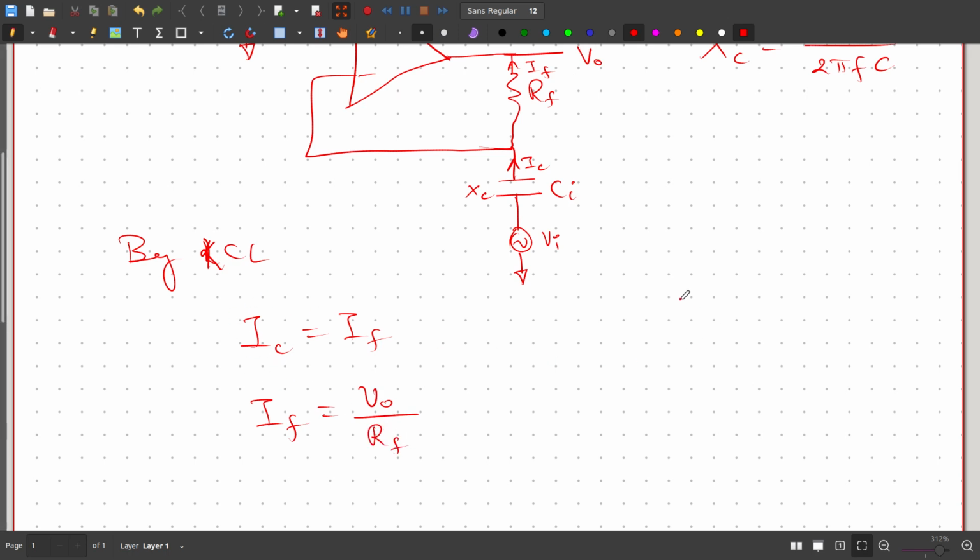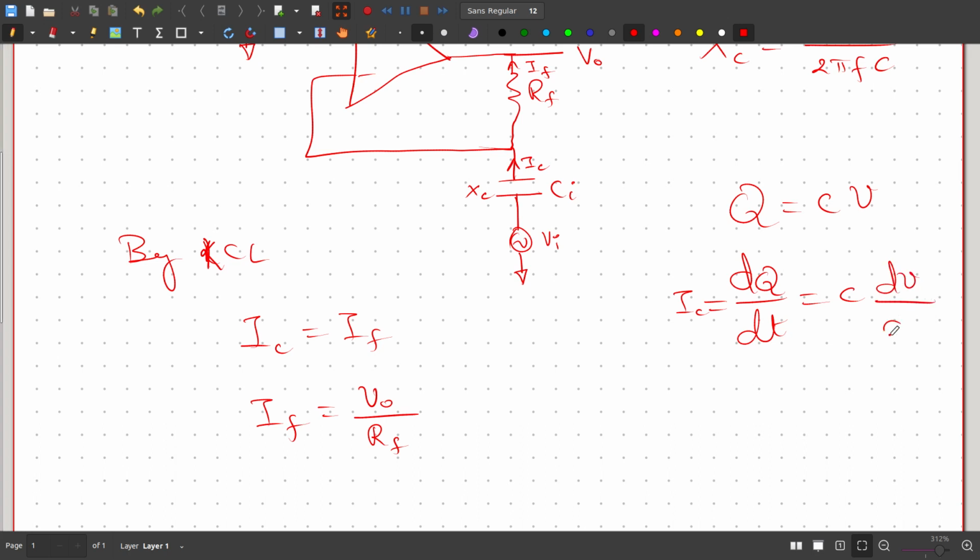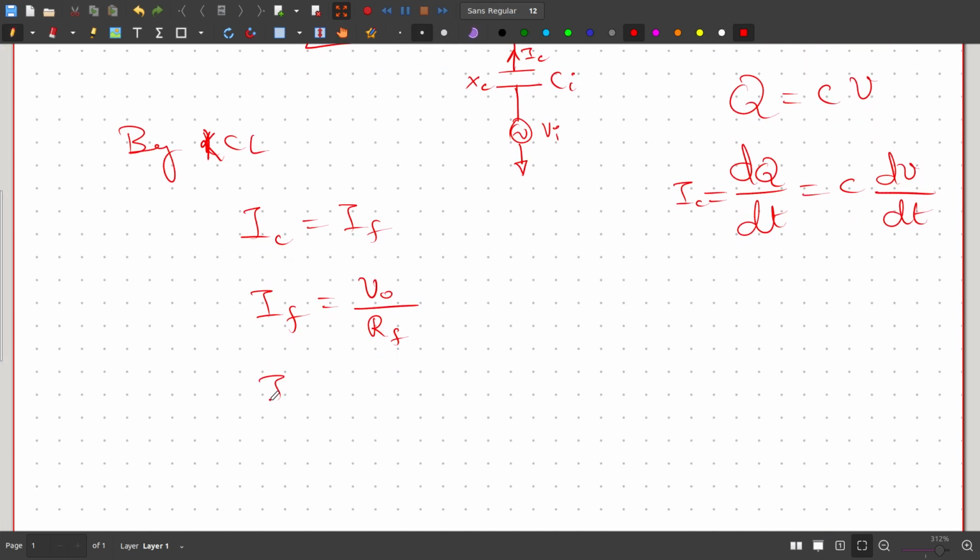But what is the value of the current in the capacitor? We know that the charge in the capacitor is equal to C times V. Therefore the rate of change of charge is current, which is the current in the capacitor, equal to C times the rate of change of voltage across the plates of the capacitor. Therefore IC equals dq by dt, which equals C times dV by dt.